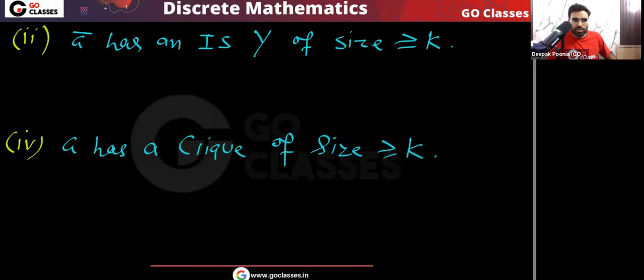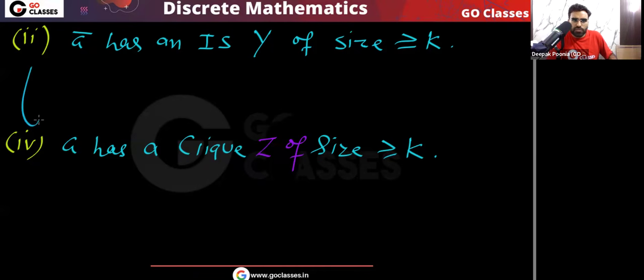Now, again, you notice we already know the relationship between clique and independent set. So in G, let's assume that there is a clique, and let's call that clique Z. So there is a clique Z of size at least k.